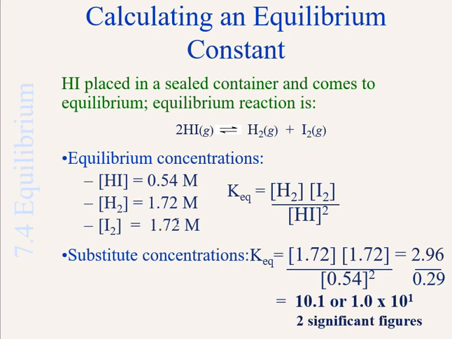But if you were to evaluate this expression with something else, where instead of 1.72 here you have some other, larger number, the final outcome will not be 1.0 times 10 to the 1, it will be a larger value. But that is not an equilibrium value.